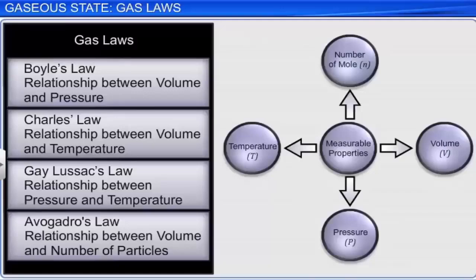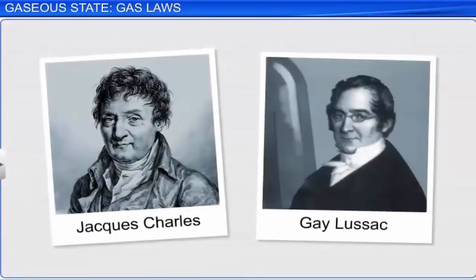The next law is Charles' law that describes the relationship between volume of a gas and its temperature. Jacques Charles and Gay-Lussac studied the relationship between volume and temperature of gases independently.